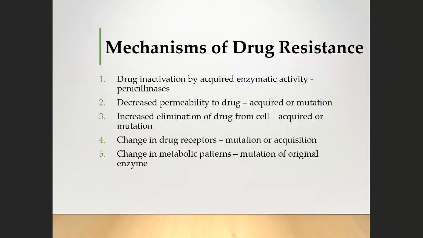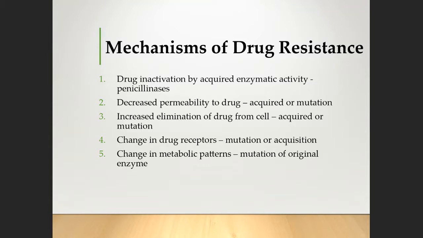Now, the mechanism that they perform. So if that bacteria, for example, has the resistant genes, they usually have the ability to perform this process. Okay, for example, Staphylococcus aureus has the ability to inactivate the drug penicillin.